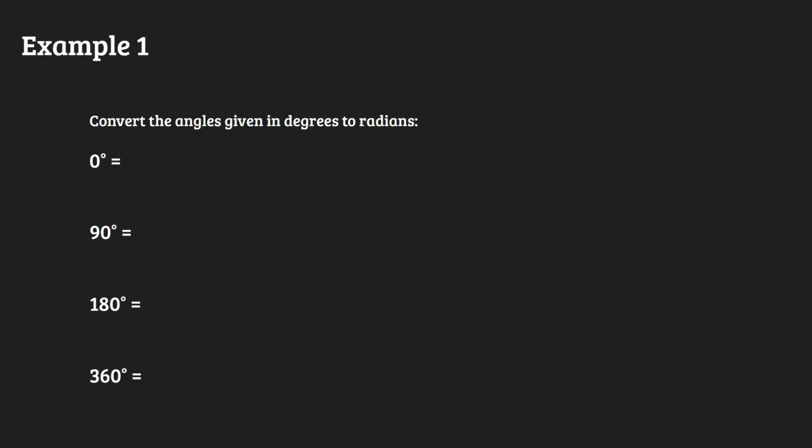So in this first example, we're going to convert the following angles from degrees to radians. So let's start with 0 degrees here. We take 0 degrees, and we use our formula, which is pi radians divided by 180 degrees. And the degrees cancel out here, and we're left just with 0 times pi radians, which is just going to be 0 radians.